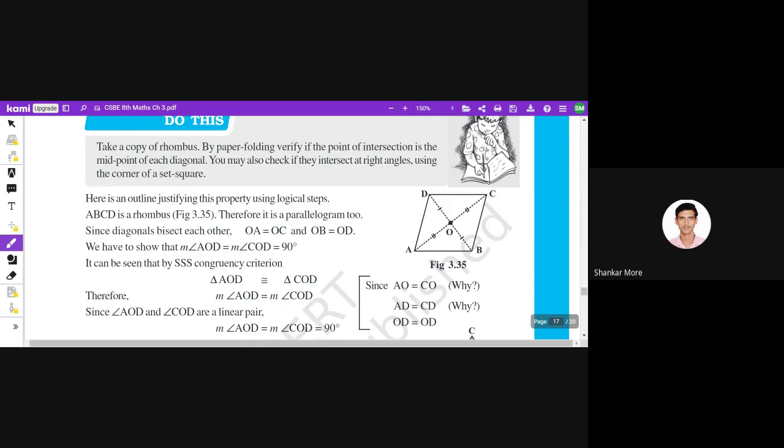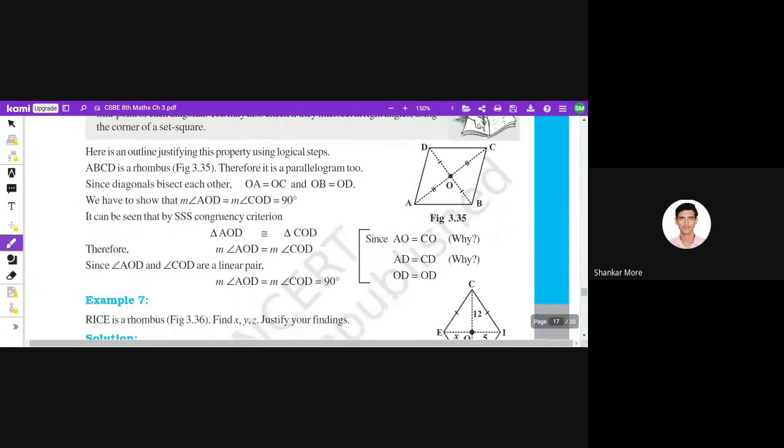So one point we had to prove out of the two, which one, perpendicular bisector. So the bisector point is proved, right. Now we have to prove that they are perpendicular as well. Now we have to show that the measure of angle AOD is equal to the measure of angle COD is equal to 90 degrees. So this angle and this angle are 90 degrees. That is our aim to prove now. Or you can also prove BOC and AOB, so you can prove these two angles as well. Now how can we do that?